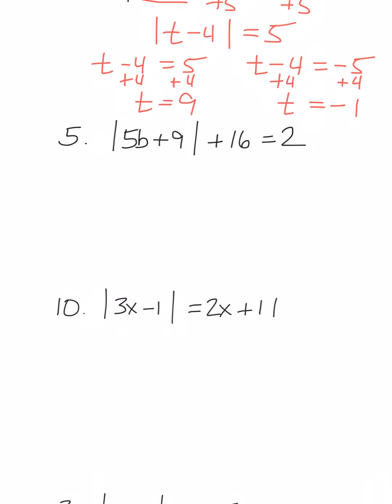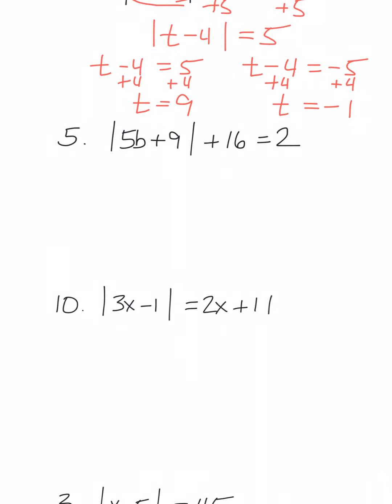Backed up here to number 5. So if I'm going to isolate this absolute value symbol, I would need to subtract the 16 first. So now I get the absolute value of 5b plus 9 is equal to a negative 14. And typically we would think about rewriting this as two equations, but if we think about this, can the absolute value of something ever equal a negative number?